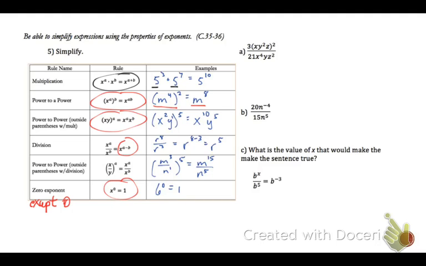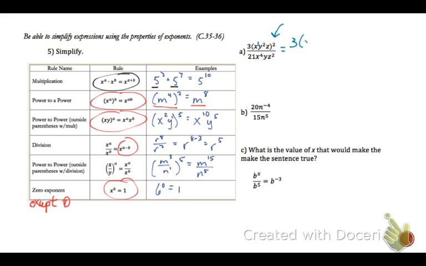So if you look at problem A, we need to simplify this. So I'm just going to start and simplify numerator and denominator and then look between the two. So exponents first. So I'm going to raise each of these terms to the second power. This is x to the first power.